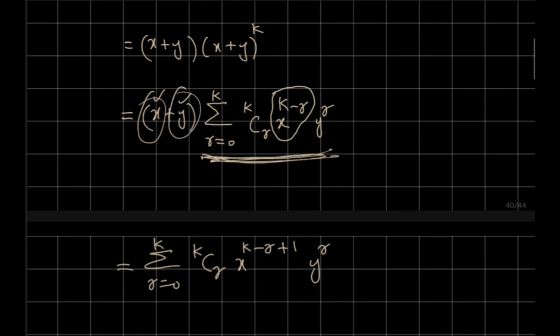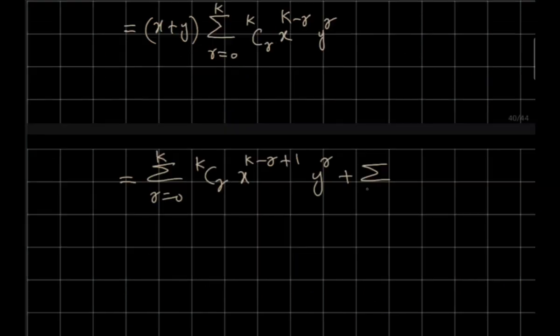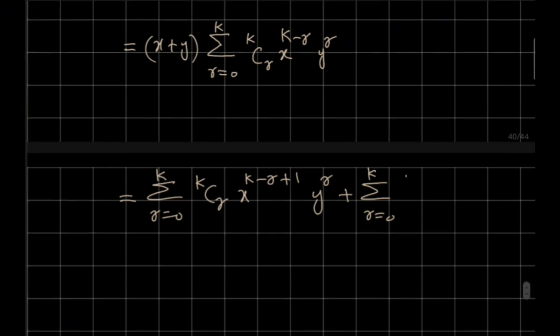When we multiply this factor by y, these terms will remain unchanged, but y to the r will be changed because we are going to multiply by y. So we will get y to the r plus 1. So we will get summation r from 0 to k, kCr, x to the k minus r, y to the r plus 1.